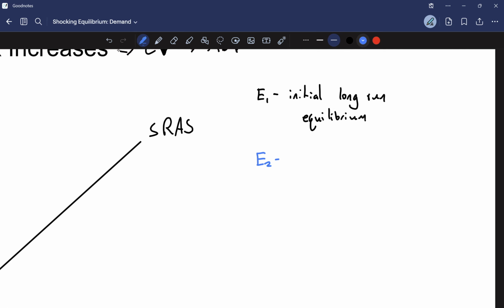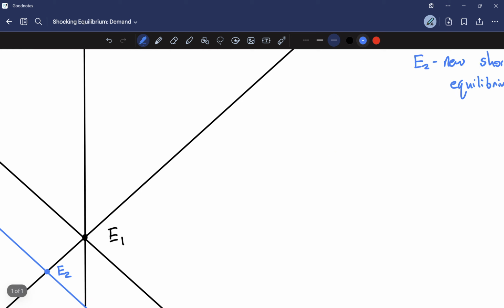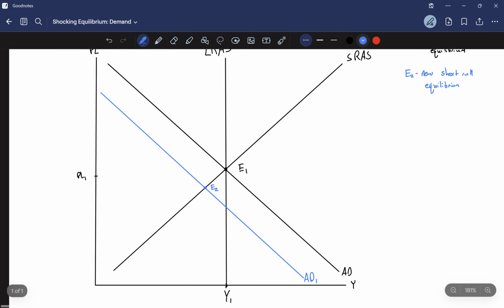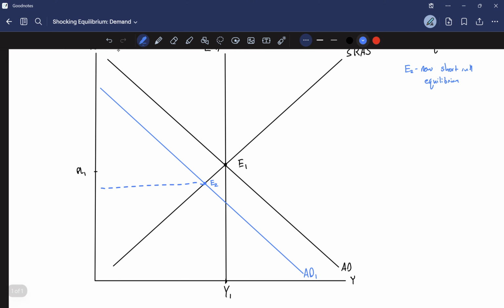E2 is our new short-run equilibrium. Now we see that price level and output have both decreased as well.